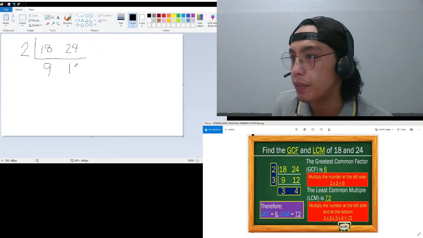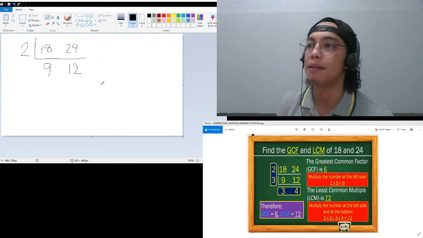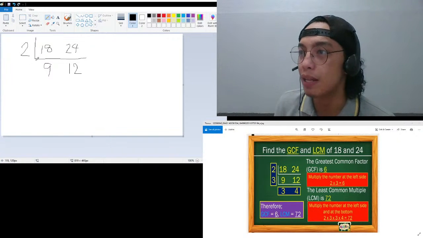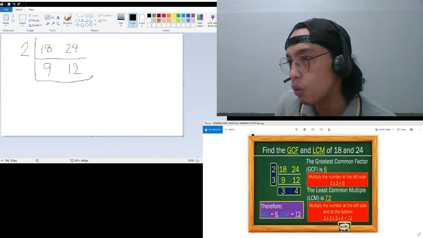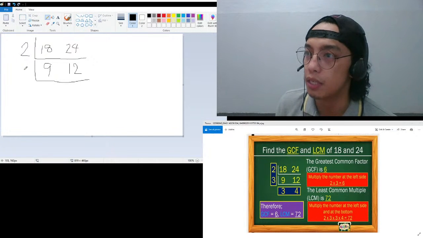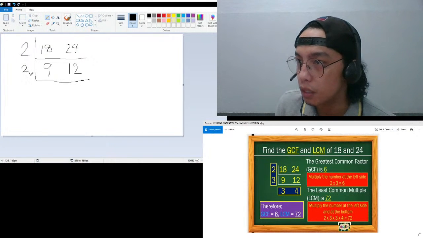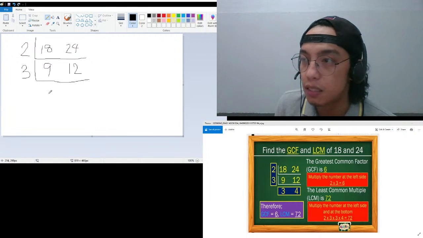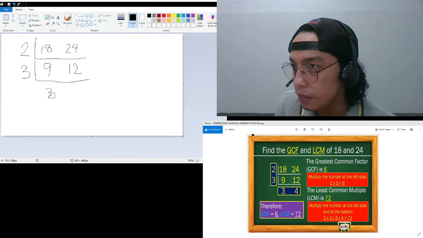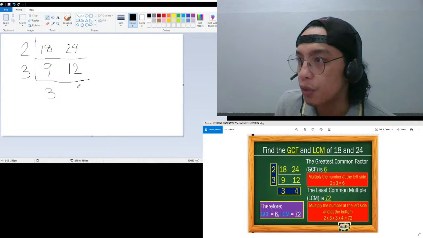Correct. Now think again what number can divide 9 and 12 with a whole number result. 3 goes here. 9 divided by 3 is 3. 12 divided by 3 is 4.